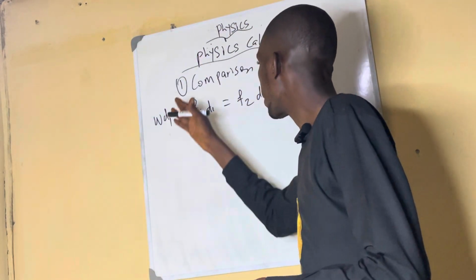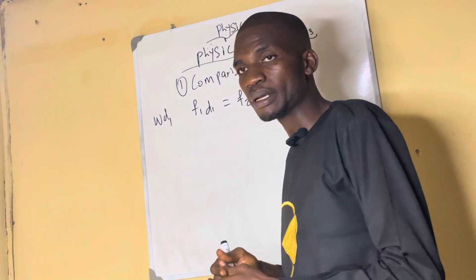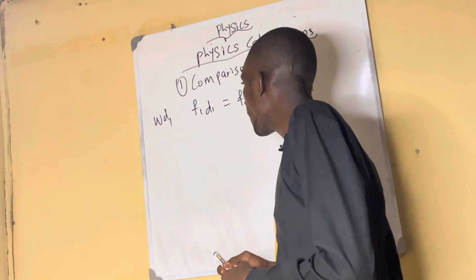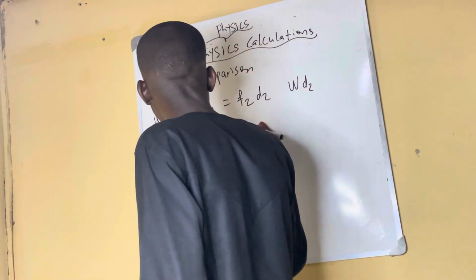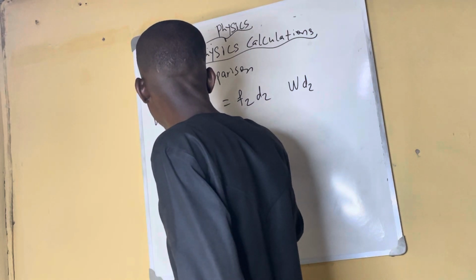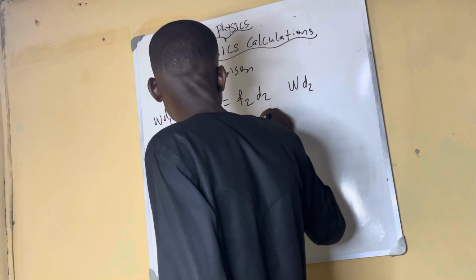What I mean by comparison is that physics can compare body 1 and body 2. They can compare kinetic energy and potential energy, that is half mv squared with mgh.